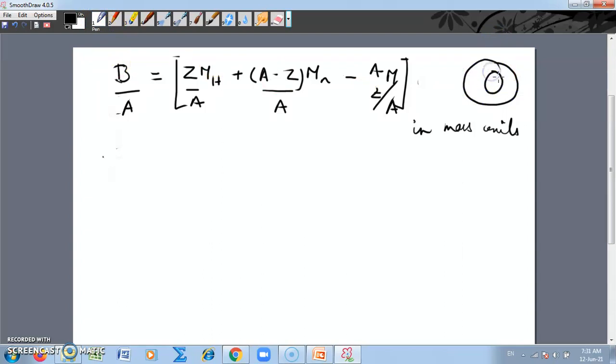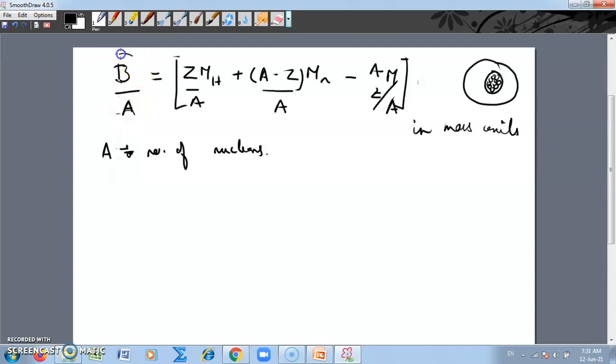That means it's not the force, it's the energy by which the nucleons bind each other. If that is the total binding energy, then what is B by A? Try to remember what A is. Is it not the number of nucleons, because it's the number of protons plus the number of neutrons? So A is the number of nucleons.